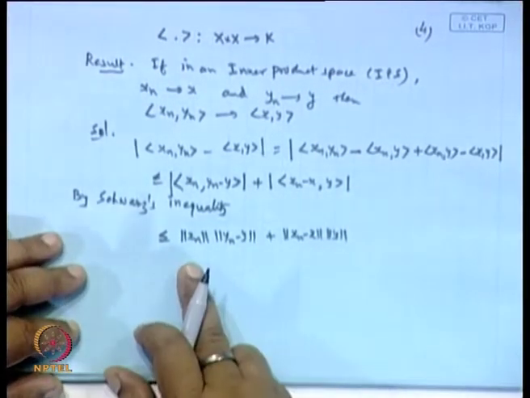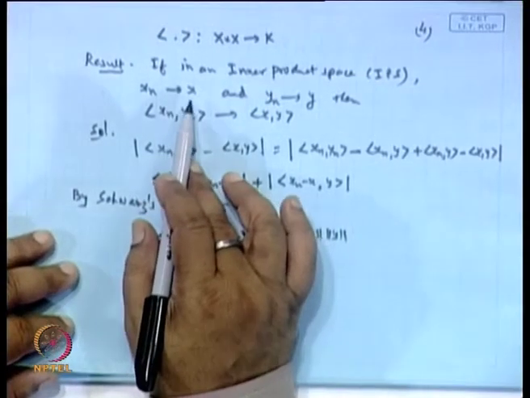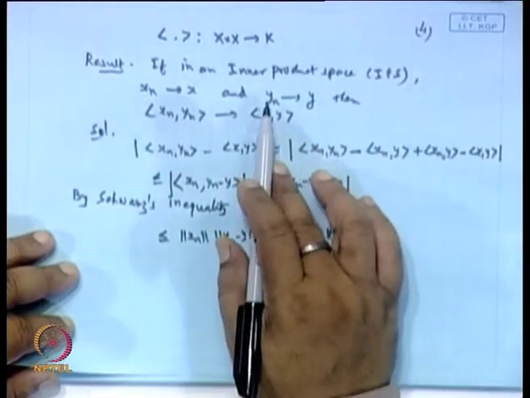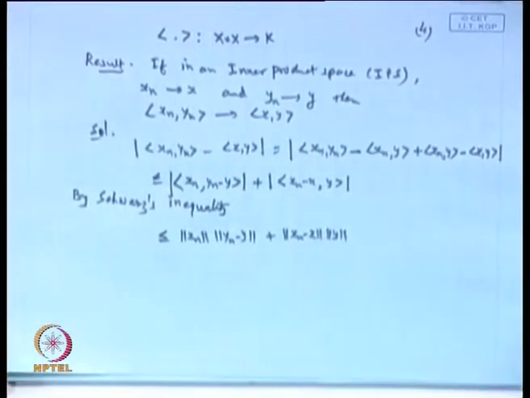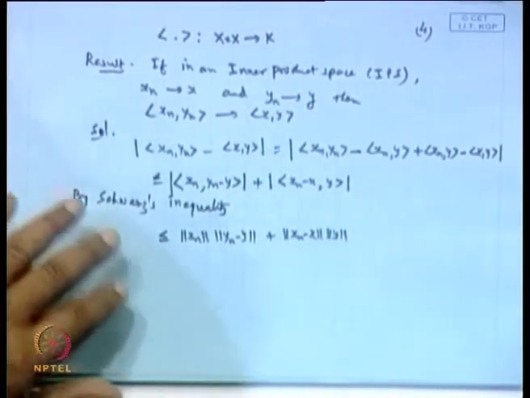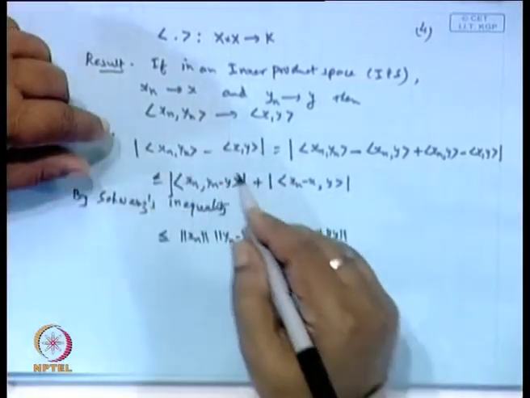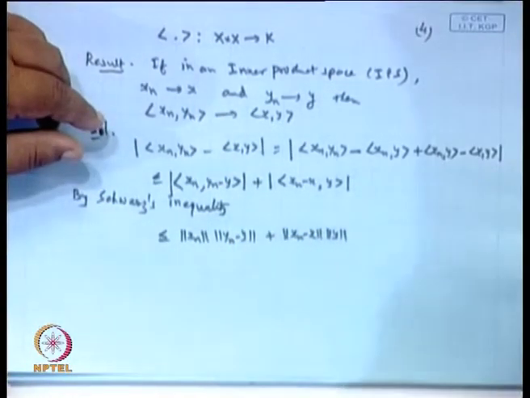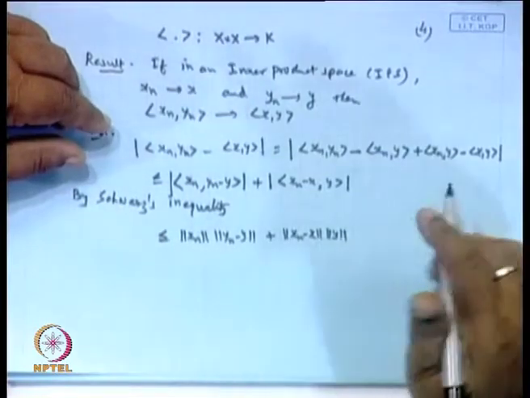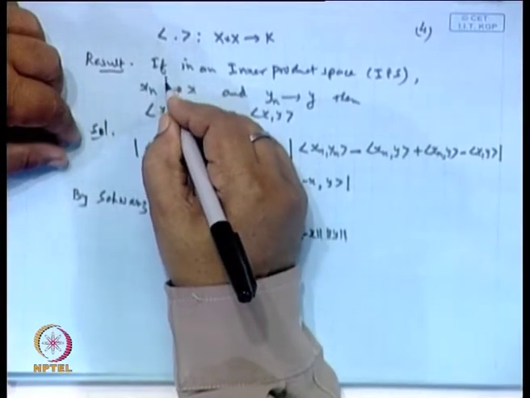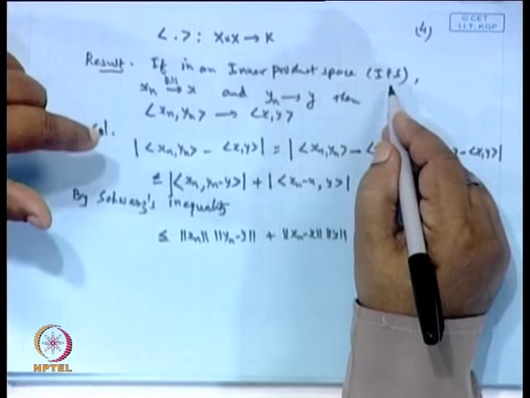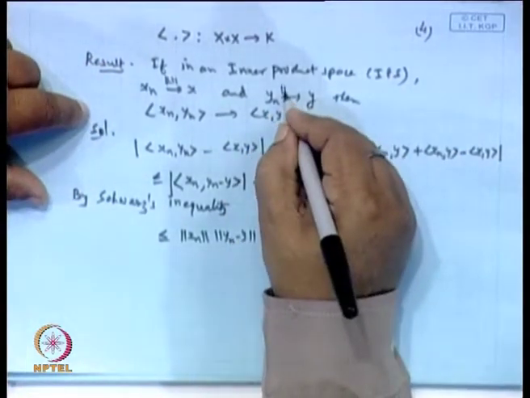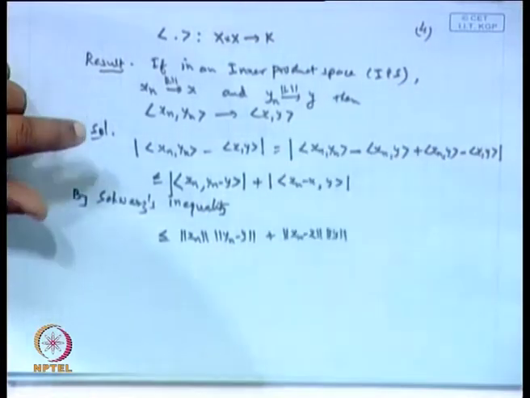Now, it is given that x n converges to x, y n converges to y. So, when we say x n converges to x and y n converges to y, it is automatically inherent that it converges in the norm, or in a metric introduced with the help of the norm. So, this converges in the norm introduced with the help of the inner product.